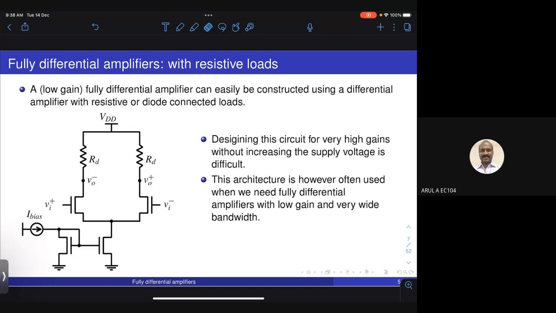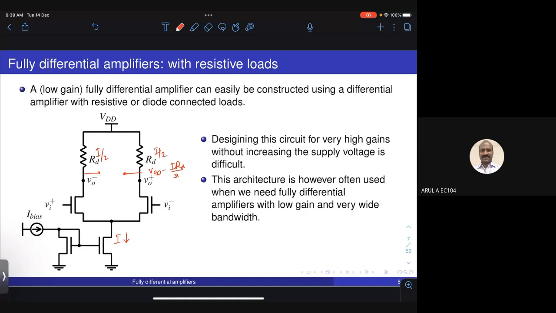And you cannot increase RD arbitrarily, because if you look at the common mode at the output, the operating point, if this current is I, each of these branches will be carrying current I by 2 in the steady state when there is no input differential applied. And in those conditions, the output voltage will be VDD minus I into R by 2.